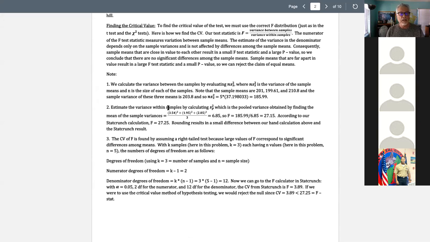I'll fix this. This should be the sample mean. Okay, if you take the average of these 3 values here, somebody do that out there and make sure that it's 203.8.